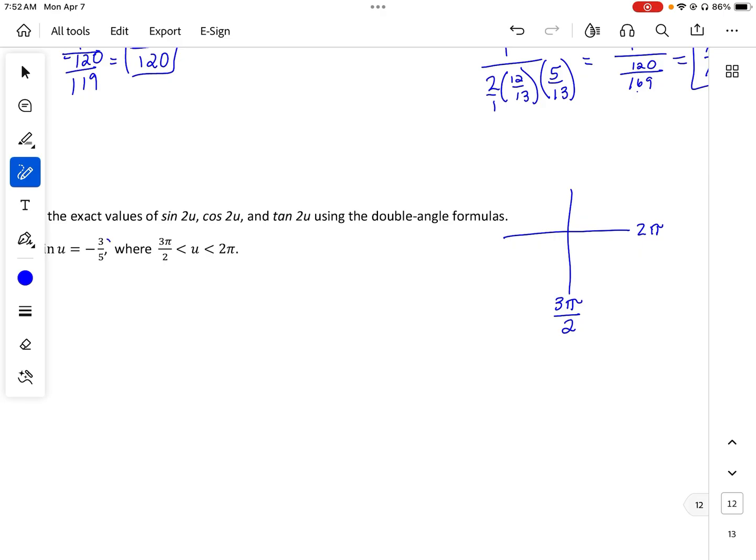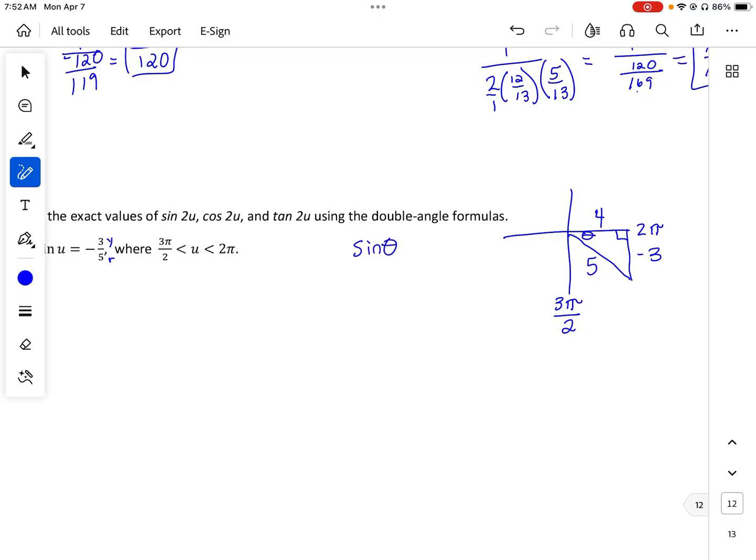So that means we're in quadrant 4. Sine is y over r, or hypotenuse. I'm going to draw my right triangle, and the y value is negative 3. The hypotenuse is 5. Do Pythagorean theorem, which this is a 3, 4, 5 right triangle.